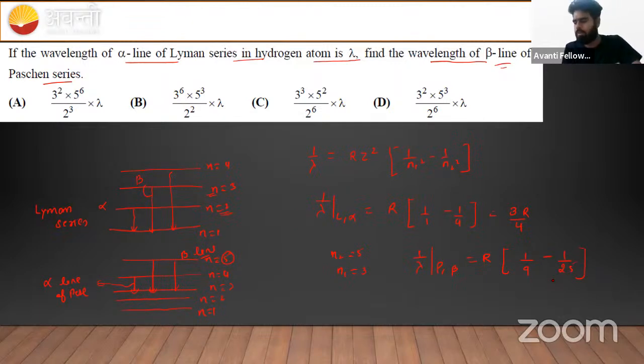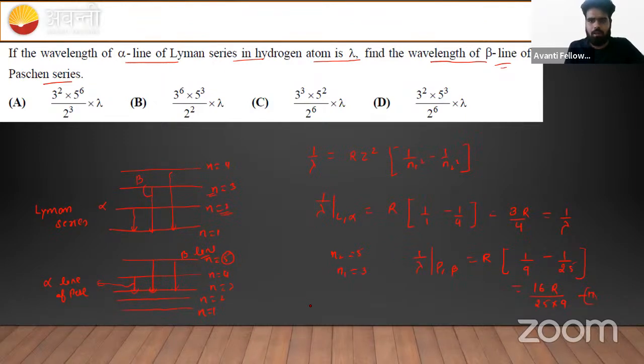If we solve this, we get 16R divided by 25 into 9. This value is 1 upon lambda. So if we put the value of R from equation 1 into equation 2, we will get the correct answer.